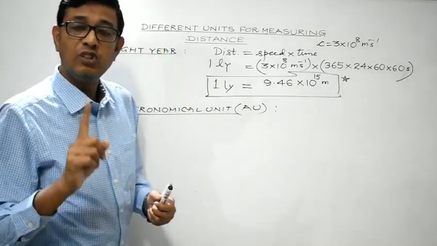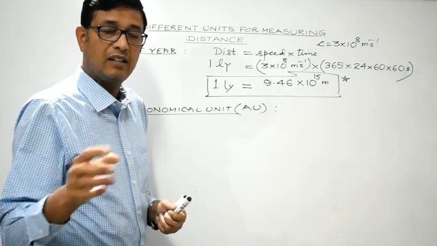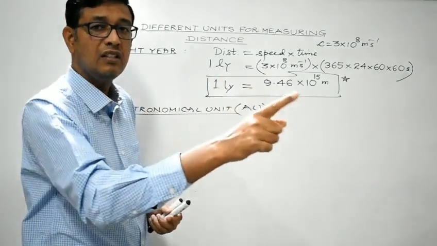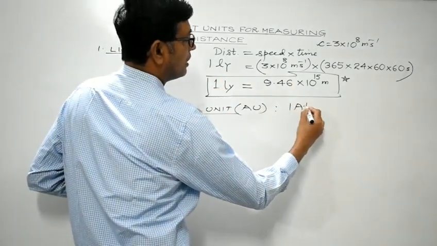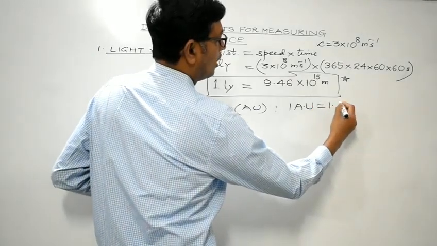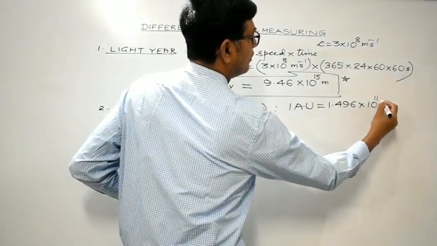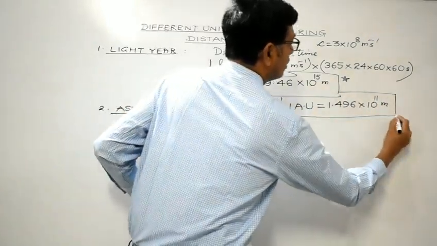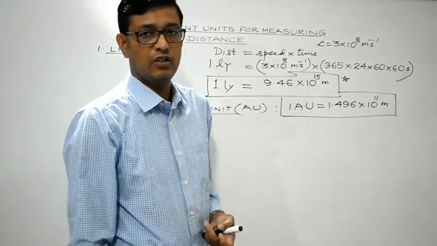So astronomical unit is represented by AU, and it is defined as the mean distance of the sun from the earth, and its value is experimentally found to be 1.496 into 10 raised to power 11 meters. So again, this is a very important relationship which a science student must be aware of, right?